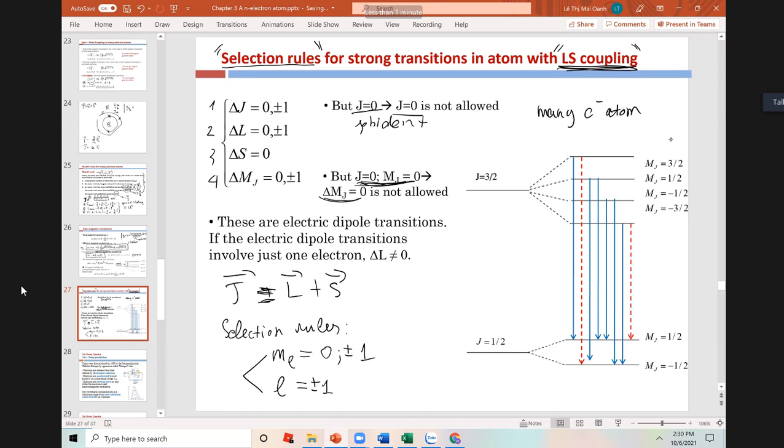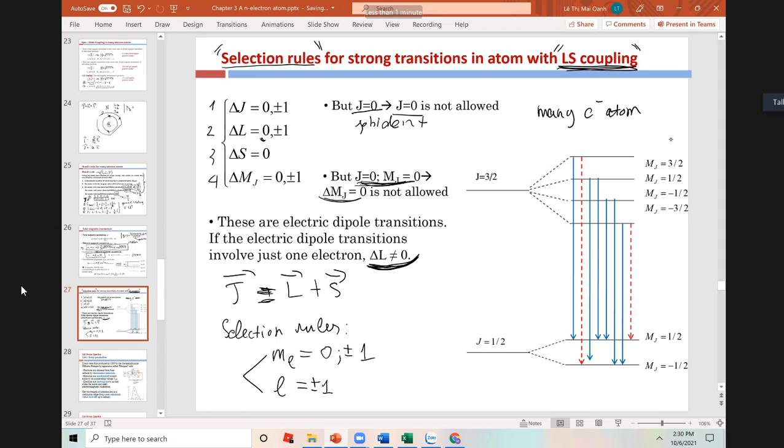In the transition, there is only one electron, so delta L must be different from 0. Delta L is only equal to 0 if you have a transition that involves two or more electrons in the transition.